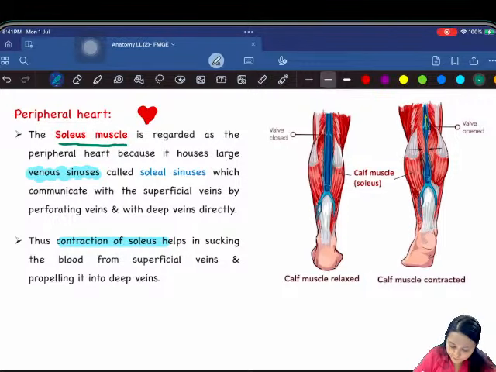It has not been asked in any FMGE exams, but in the NEET it has come, so you might expect a question on the peripheral heart in the next FMGE. It is not gastrocnemius, mind you. The triceps surae is the combination of both the gastrocnemius and the soleus, and if the question comes on the peripheral heart, it is the soleus muscle because it has soleal sinuses. All right.